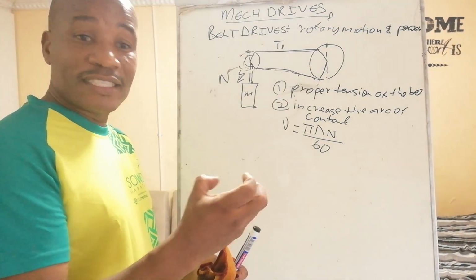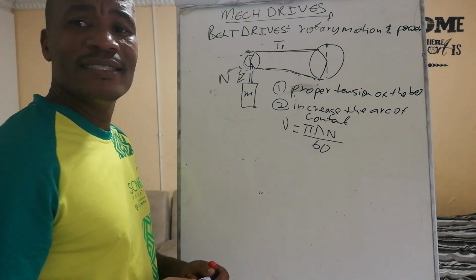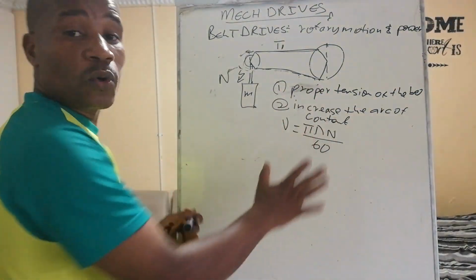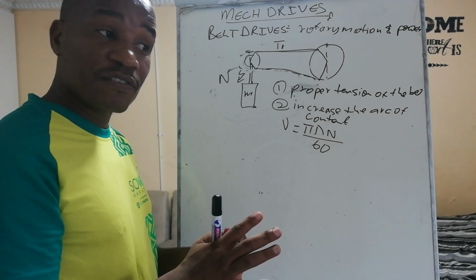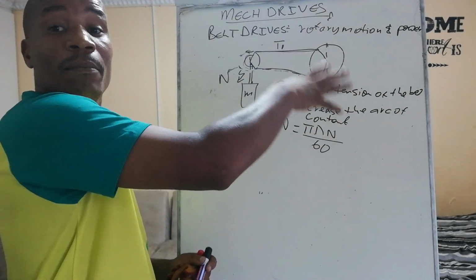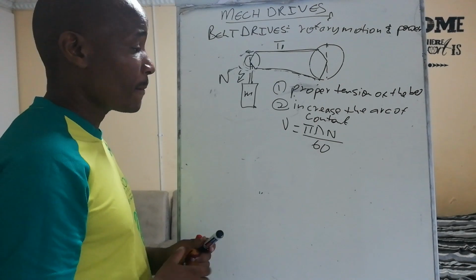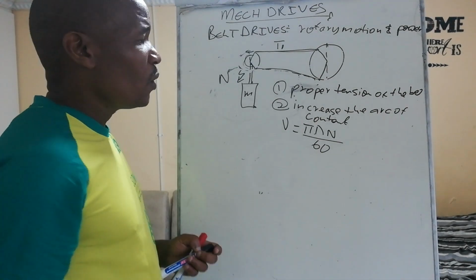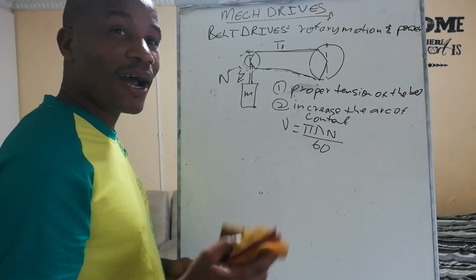The advantage is that they've got a positive grip. So basically, this is what you should know regarding the belt drives. I haven't talked of chain drives, which will be used at a later stage to overcome the disadvantage of flat belts. Let's do one problem or two if time allows.